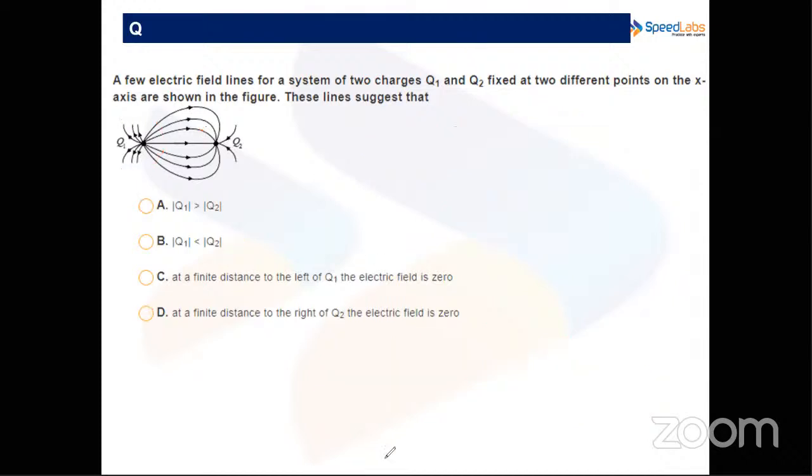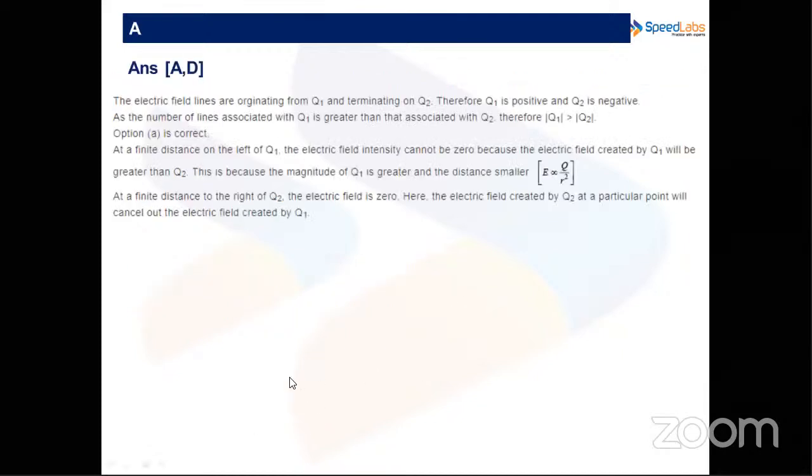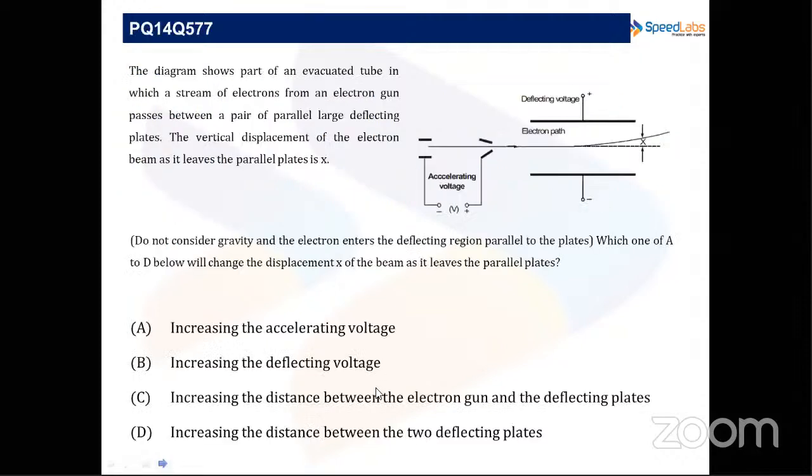Next question. Okay. This question says, the diagram shows part of an evacuated tube in which a stream of electrons from an electron gun passes between a pair of parallel large deflecting plates.